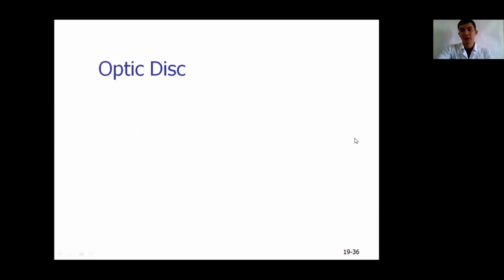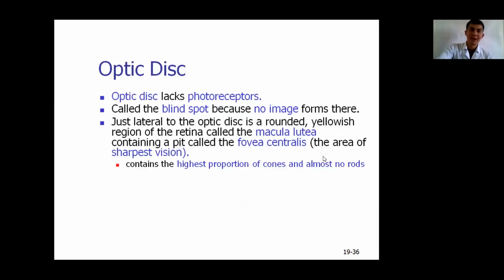Optic disc lacks photoreceptors. So the optic disc doesn't have photoreceptors and does not consist of rods and cones. This region is also known as a blind spot because no image is formed there.